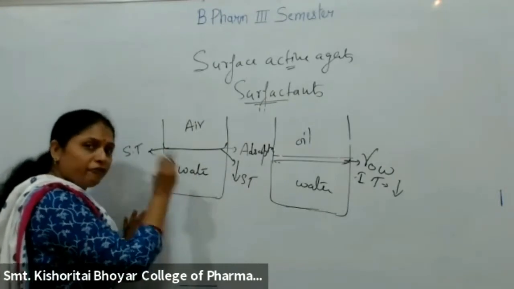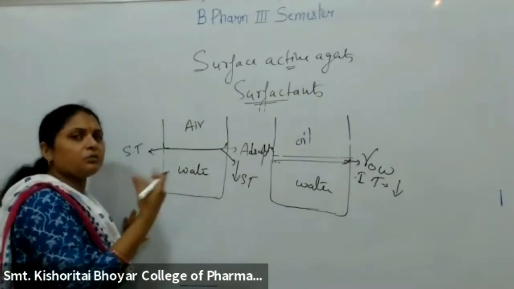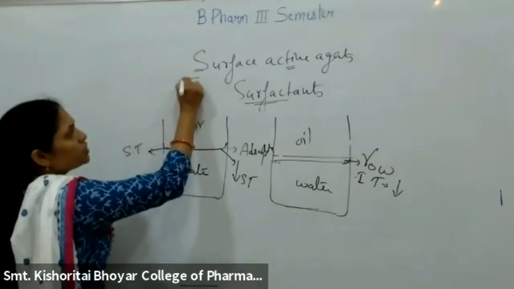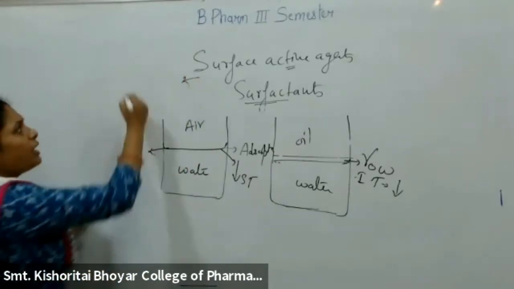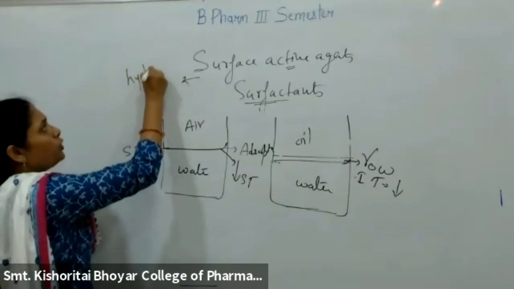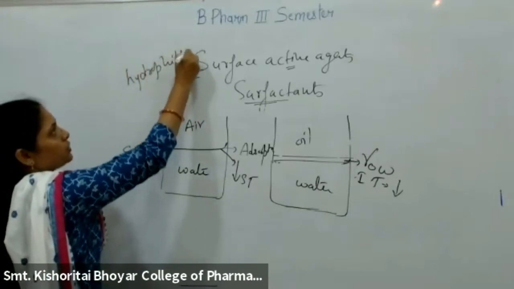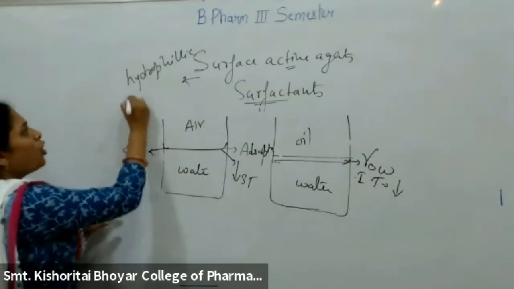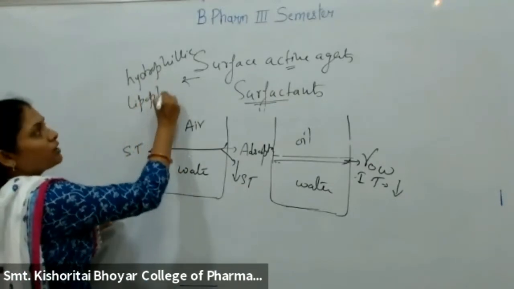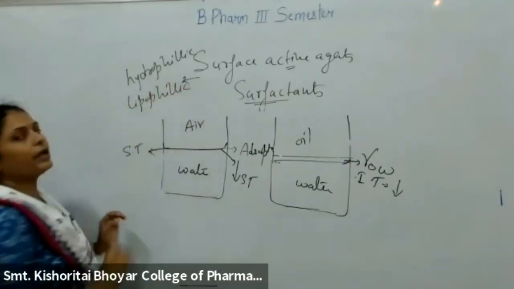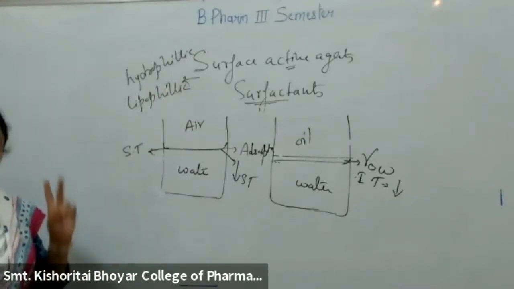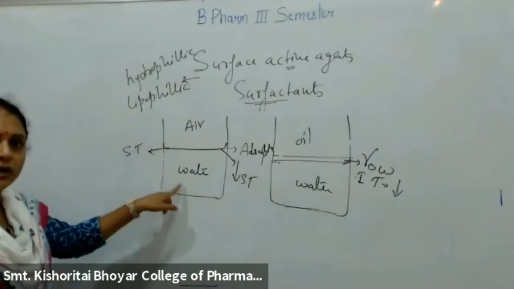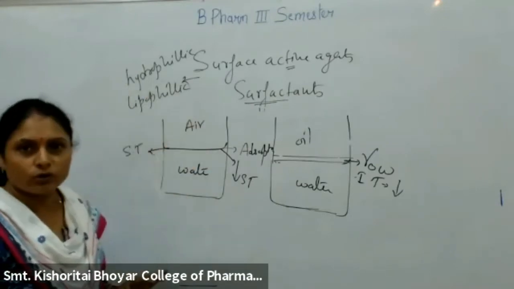But if it has a property which is different, like the surface active agents or surfactants, they have two different groups in their structure. हाइड्रोफिलिक भी है जो वाटर के साथ में एफिनिटी रहेगी, और लिपोफिलिक है जो वाटर के साथ में एफिनिटी नहीं रहेगी. तो दो तरह के ग्रुप्स प्रेजेंट हैं, one which has affinity for the water and one which does not have affinity for the water.